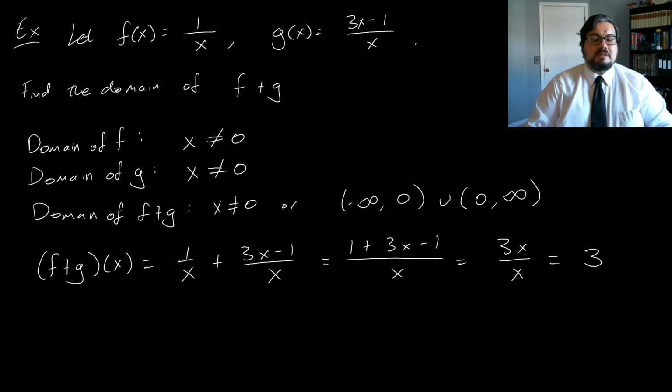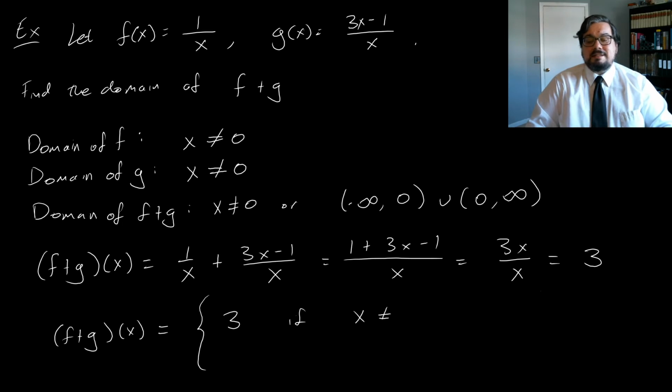Even though this function's expression simplifies down to 3, the domain of this function is still undefined at 0. In fact, the proper way of writing down the simplification for this function would be to say that the function f plus g of x is equal to 3 if x is not equal to 0 and undefined if x equals 0.